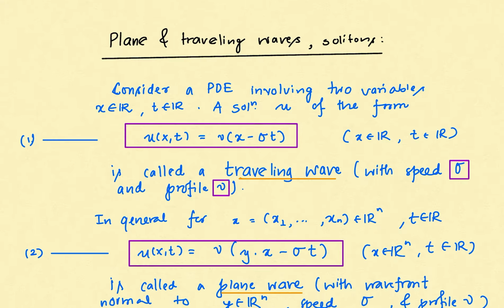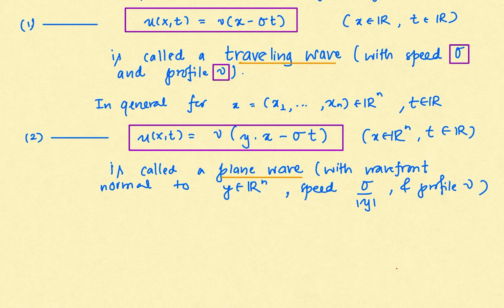So this solution u(x,t) in terms of v(y dot x minus sigma t) is called a plane wave with a wave front. It is normal to y. The speed here is sigma over the absolute value of y, and the profile is v.